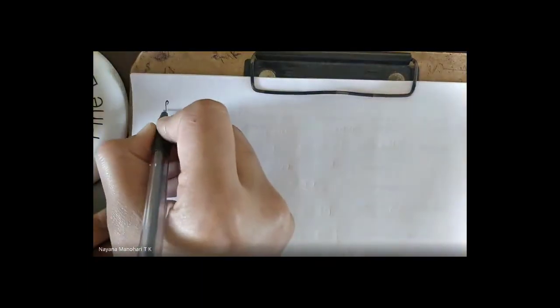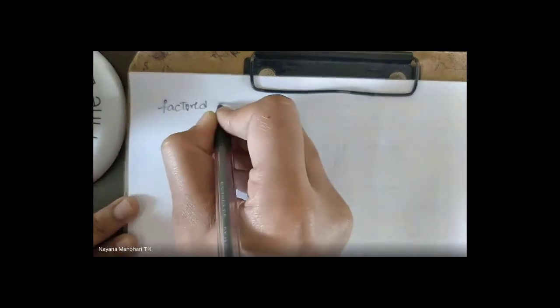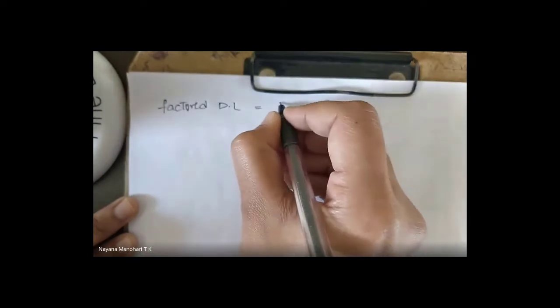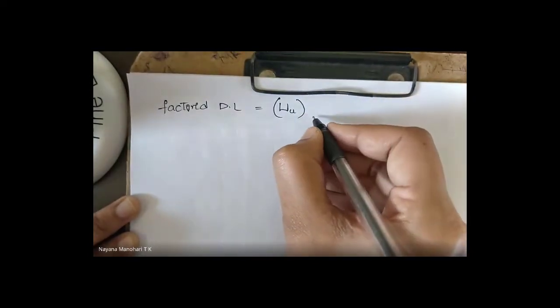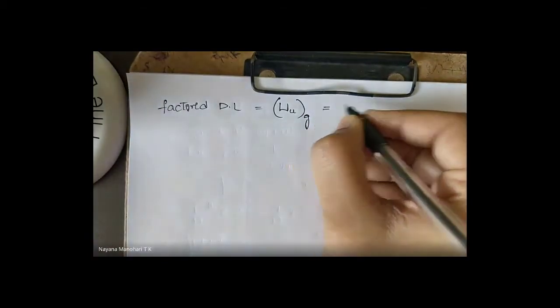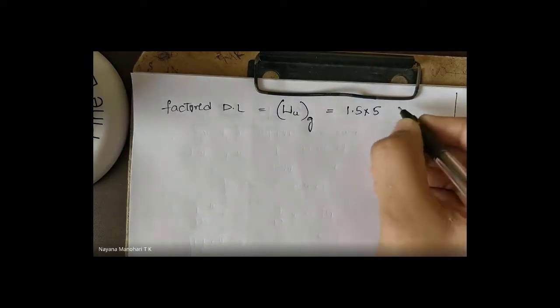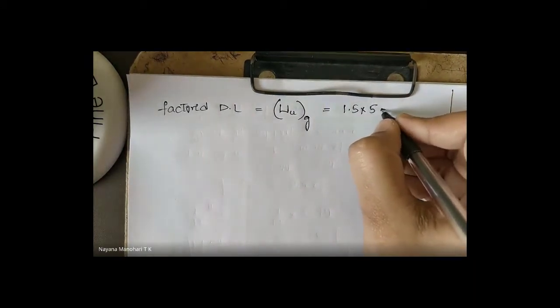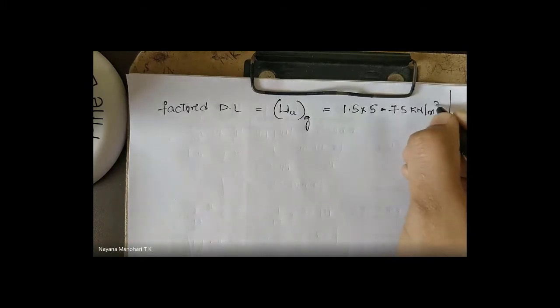That is the factored dead load, WU. Dead load, I will give it the notation G. That will be equal to 1.5 into 5, which will be equal to 7.5 kilonewton per meter square.